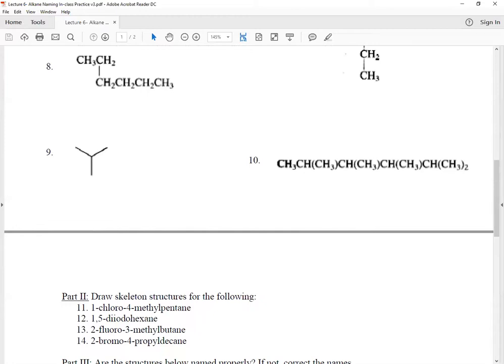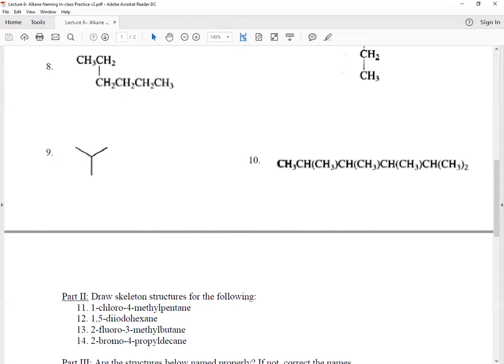Okay. This one's pretty easy too, right? You could pick any one of these to be carbon number 1. Just for fun, let's do this. So what's the name here? 2-methylpropane. And technically, would it be okay to omit the 2?